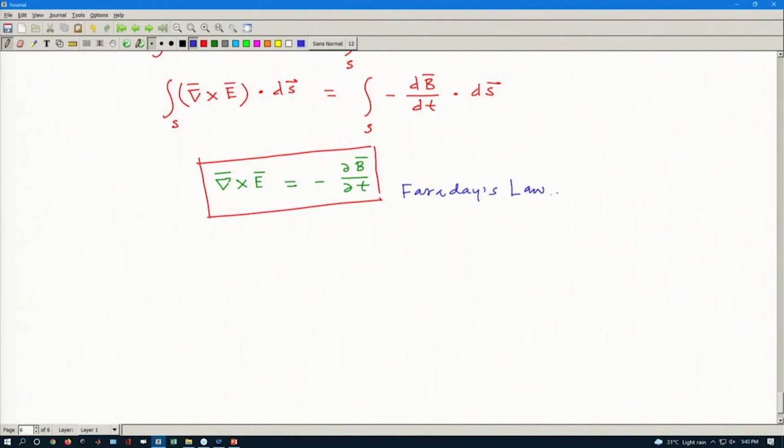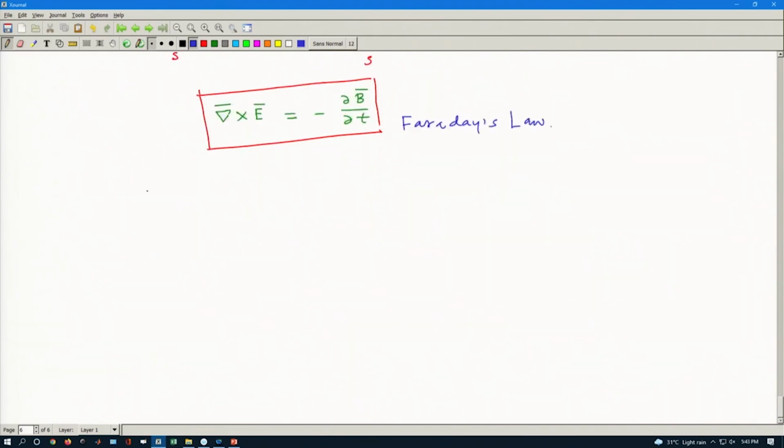Okay. So, as I mentioned, for static electricity, what we get for the static electric field is curl of E to be 0.